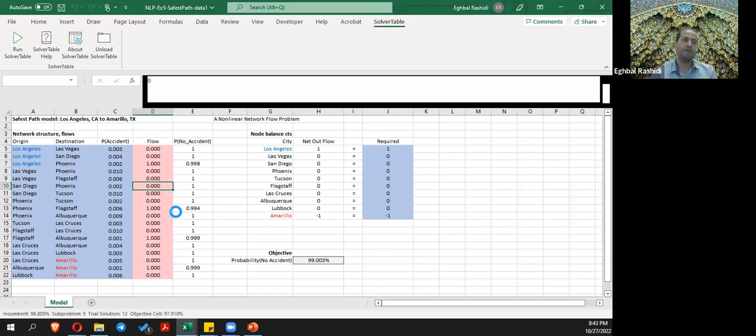So problem 5. I think this is the last one. Yeah, that's the last one. So when it solved this, it should have stopped.